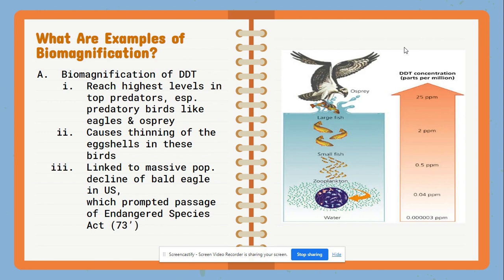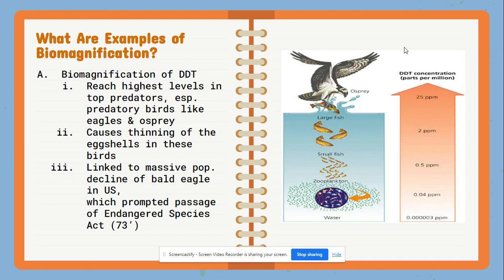However, in other parts of the world, they actually still use DDT to try to rid the area of mosquitoes. But what they found in the United States when we were using DDT, we found that at the highest levels of the food chain, like our eagles and our osprey, they had the greatest amounts of DDT concentrations compared to really any other point in the food chain.